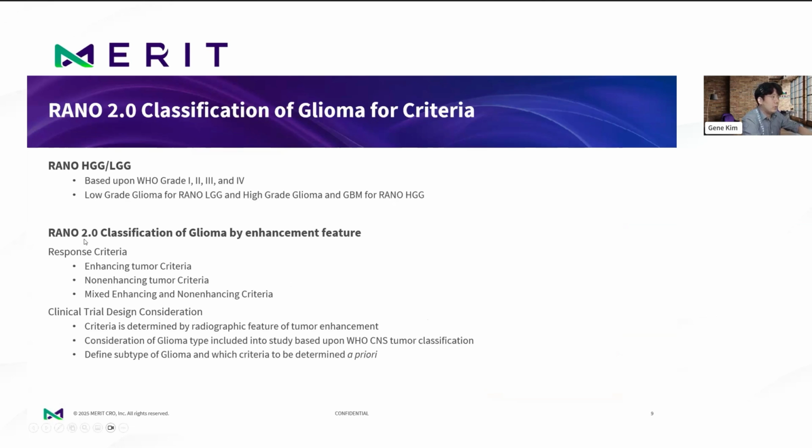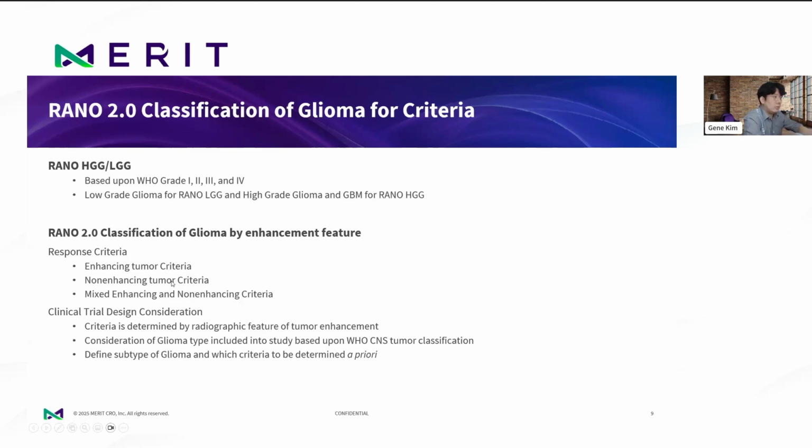Now the RANO 2.0 classification considers a more important feature to decide which criteria to be used, which is the radiographic enhancement feature of the CNS tumor being assessed in a certain clinical trial: enhancing dominant tumor, non-enhancing dominant, or are they predominantly a mix of enhancing and non-enhancing?